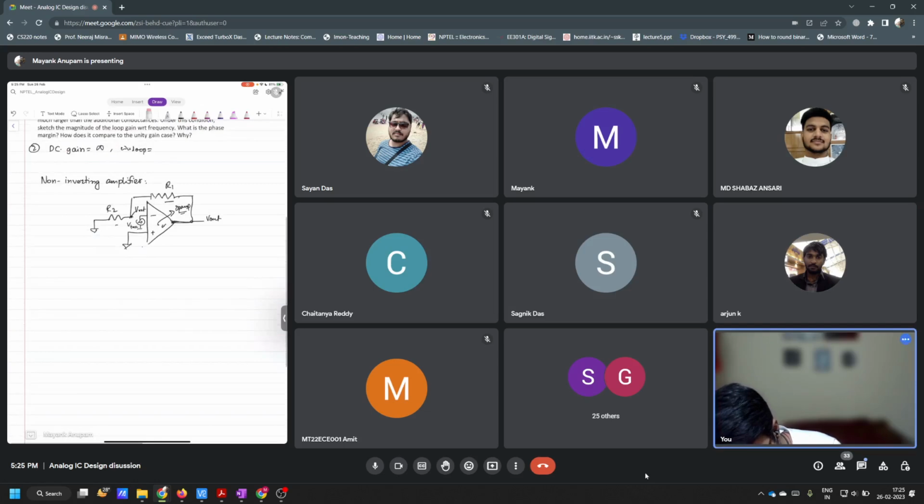It will be something like this. Let's say this is your op amp here, and it has some parasitic gO2 already. There is some parasitic CL here, and then after that we have this: this is plus, this is minus, so this is grounded.